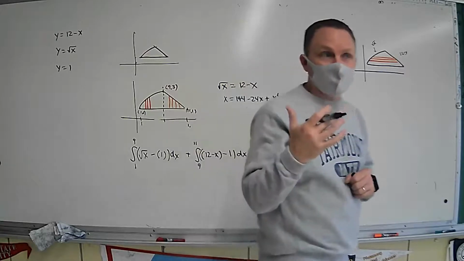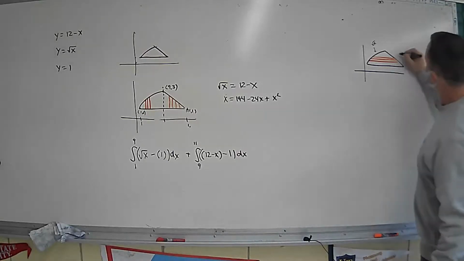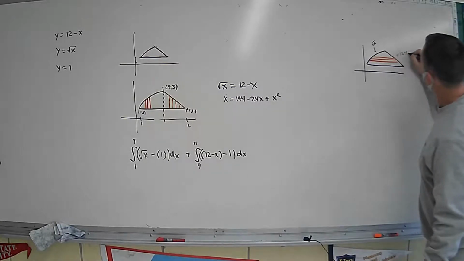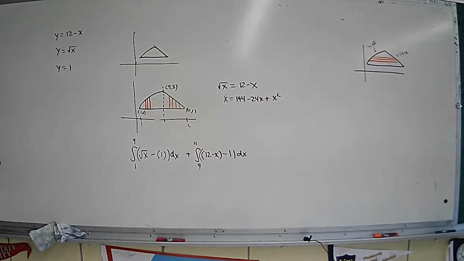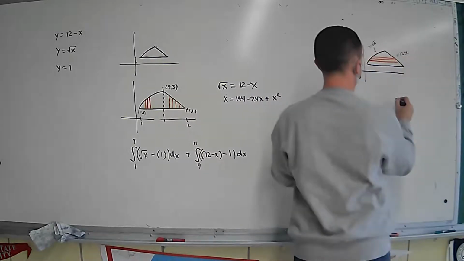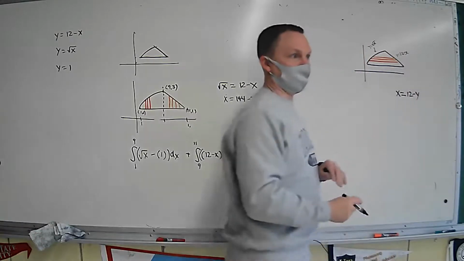But the thing is, if I'm going to stack those up like pancakes, and I'm going to integrate with respect to y, then I can't use 12 minus x. This equation right here is y equals 12 minus x, right? And this is y equals the square root of x, right? What I have to do is rewrite that and say, oh, then x equals 12 minus y.